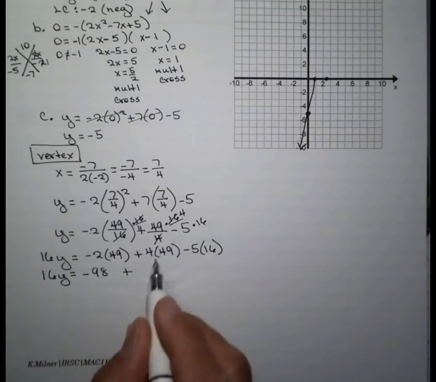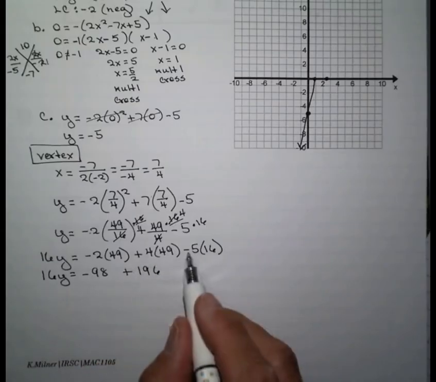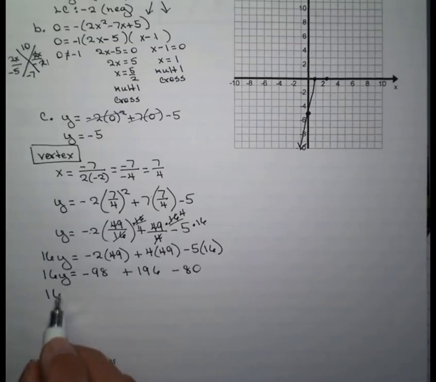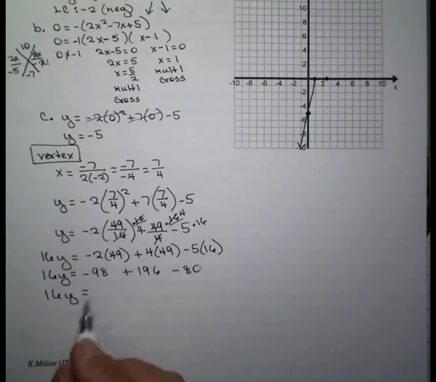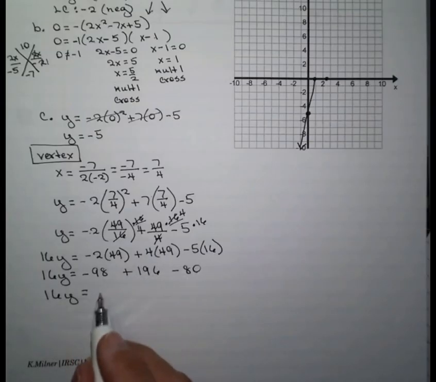And then 4 times 49 gives me 196. And negative 5 times 16 is negative 80. Well, that's easy to add together. 16y is going to equal 18.